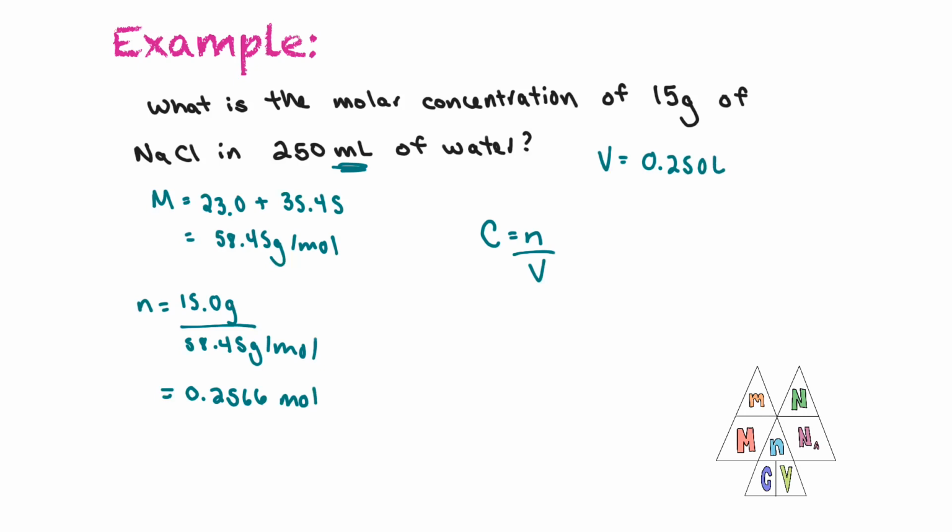Now we can calculate our molar concentration. We put in our moles, 0.2566, and our volume, 0.250. That's moles over liters, and it's 1.02 moles per liter. So that's how you calculate molar concentration.